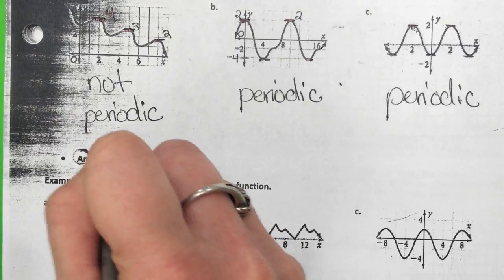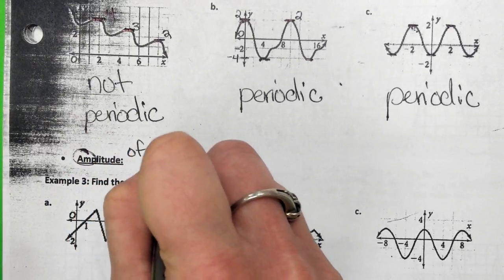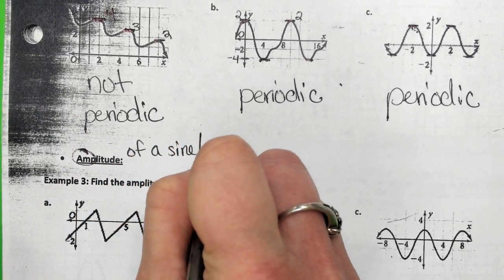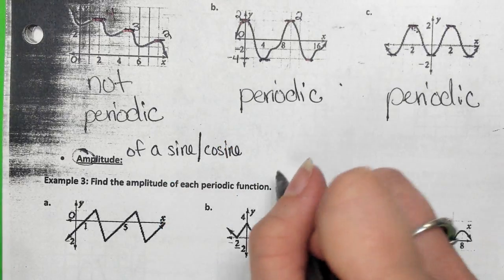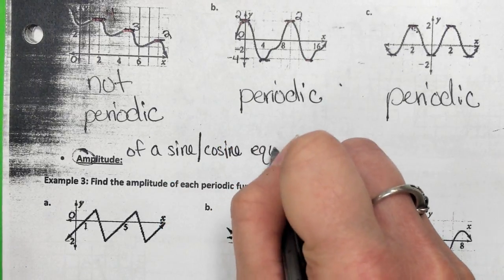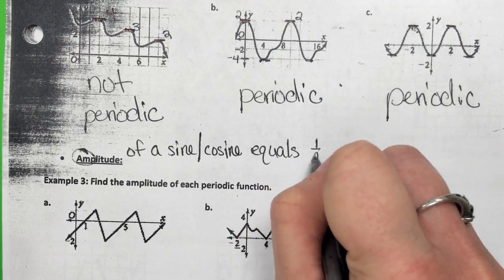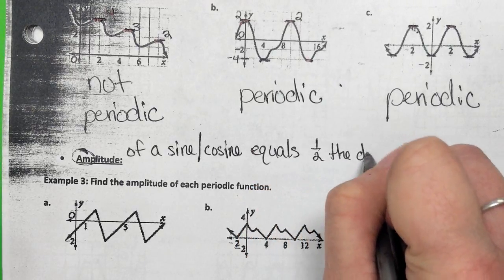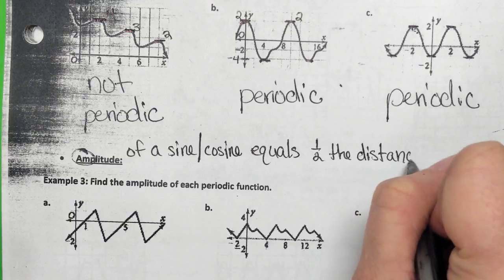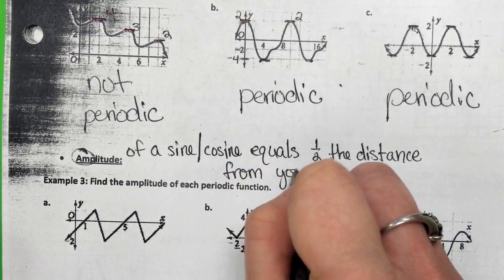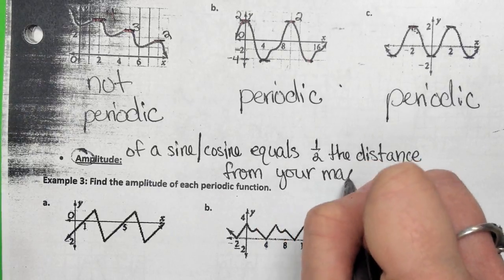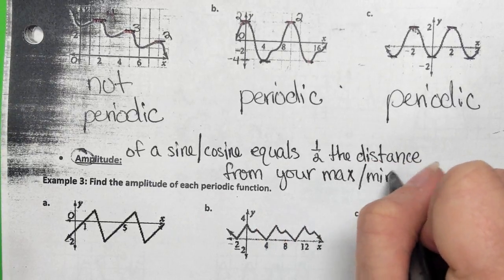So your amplitude of a sine and cosine graph, which is what we're dealing with right now, equals half the distance from your max and min value.